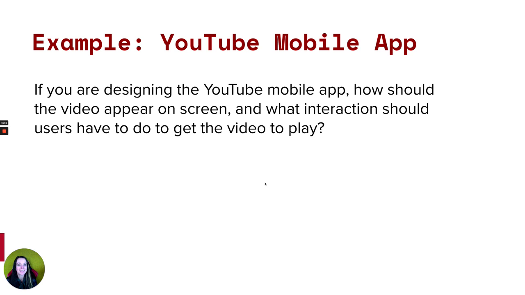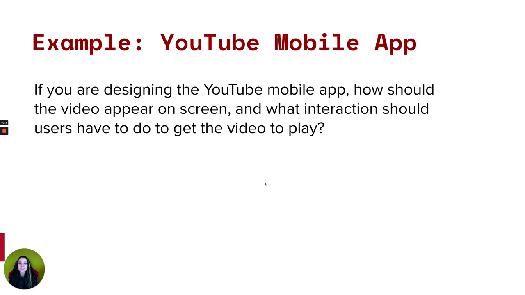So let's look at an example that I think will make this a little bit more clear. Let's imagine that you are on the team at YouTube, and this is 8 years ago, and you're creating the mobile app. You're like, okay, we're making the YouTube mobile app. We don't have one yet, and we've got to make one. YouTube's only been on computers, and now these iPhones exist, and we can put an app on it for YouTube.